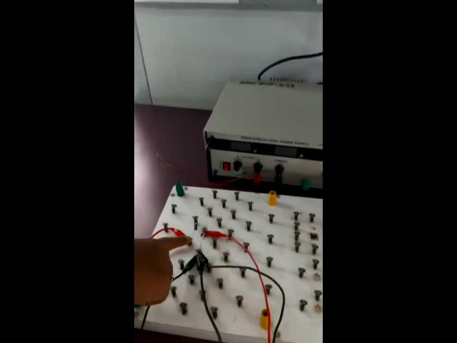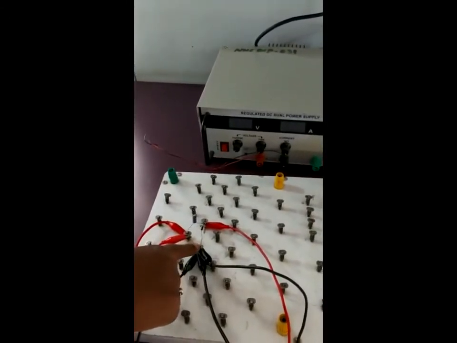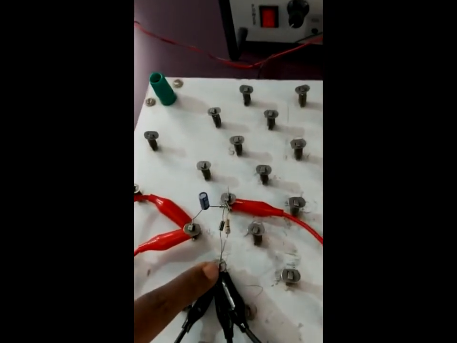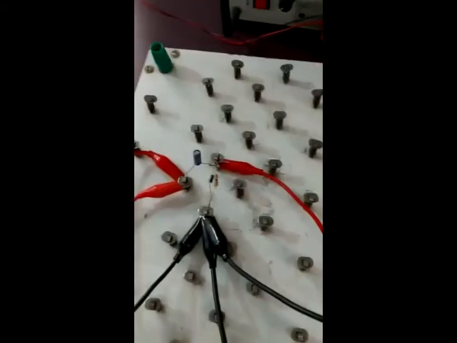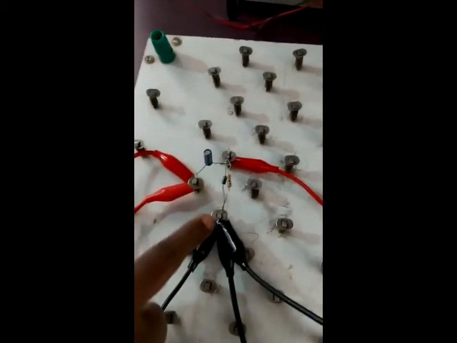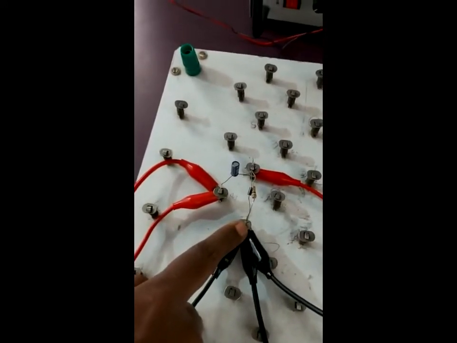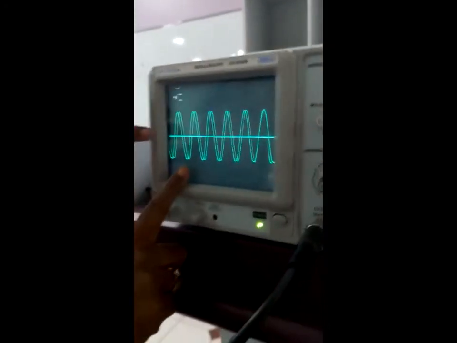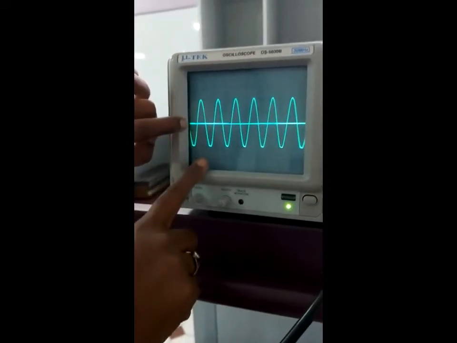So, here, based upon the position of the diode and the polarity of the diode, the output waveform will be shifted above the reference line or below the reference line.